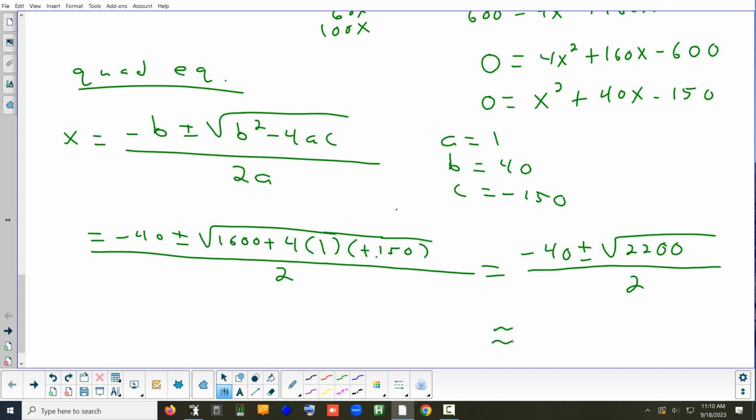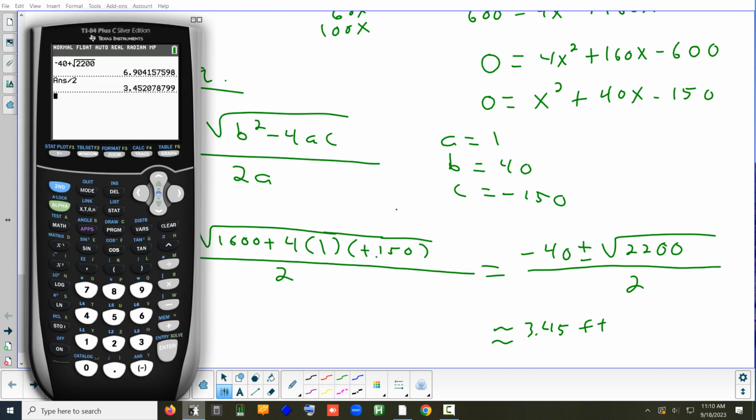So now I'm going to switch over to say we get approximately 3.45 feet. How many people got 3.45 when we typed it in? Okay, that's good. Now let's type it in the other way. Negative 40 minus the square root of 2200. And then divide by 2.